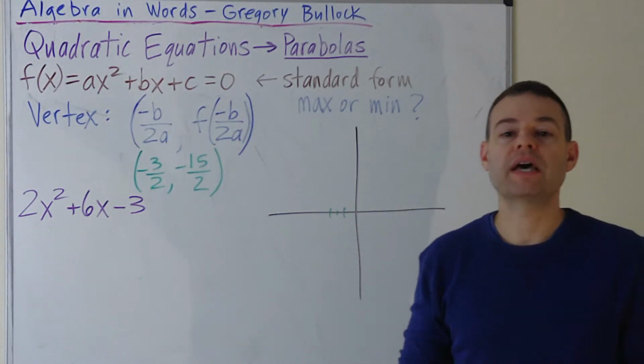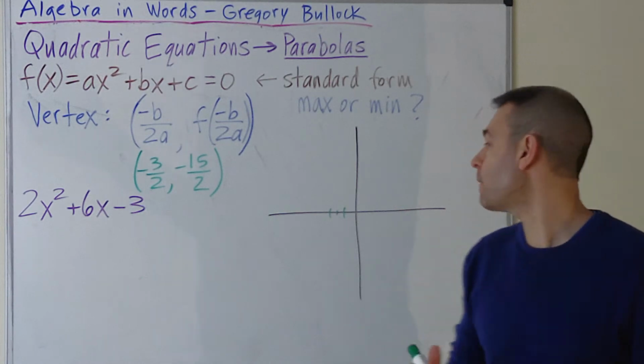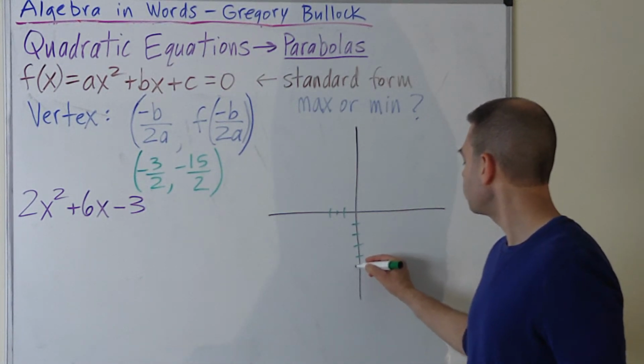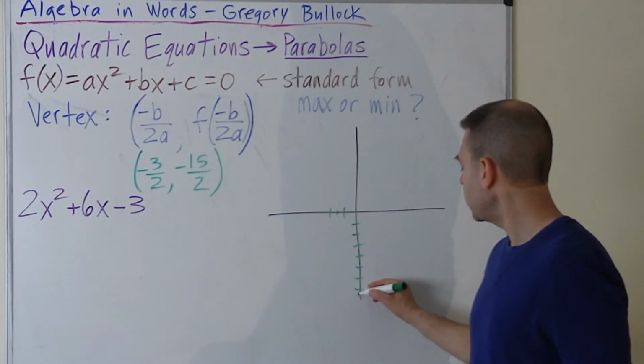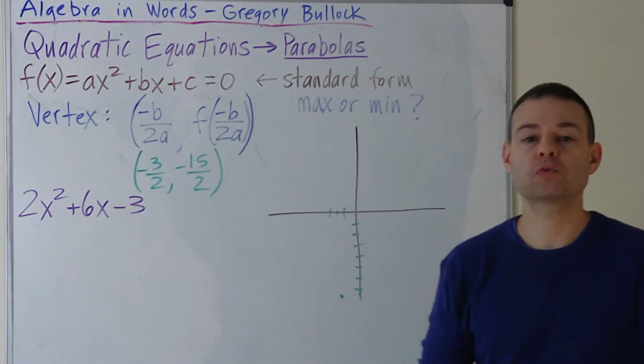And then we're going to go down, and negative 15/2 is like negative 7.5. So let's go down 1, 2, 3, 4, 5, 6, 7, and a half would be right about there. So the vertex would be right about there.